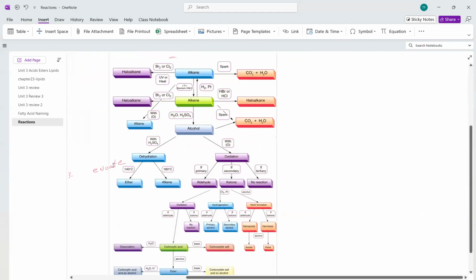Okay, now when you're doing multi-step synthesis, it's really handy to have the flow chart next to you. And of course, I'll give you this for the test on both days, along with your different 3x5 card.